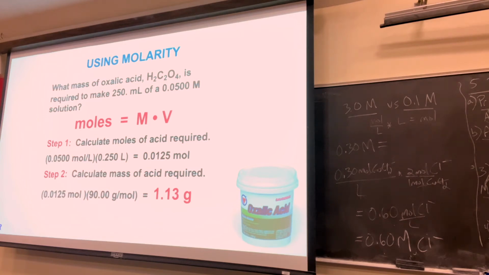It's about 90 grams per mole. So that number times the moles required, 1.13 grams. So if we measure out on one of those scales 1.13 grams of this oxalic acid and put it in 250 milliliters of water, we're going to end up with a 0.0500 molar oxalic acid solution.